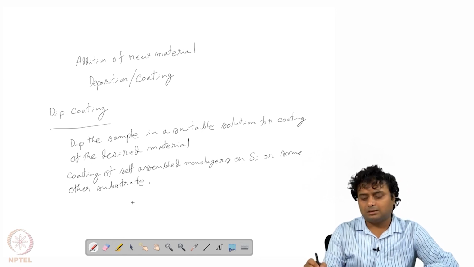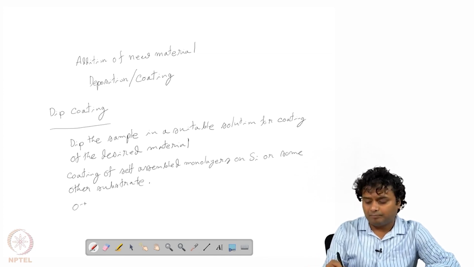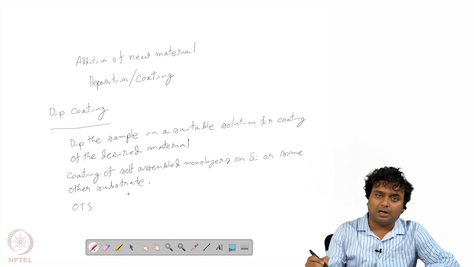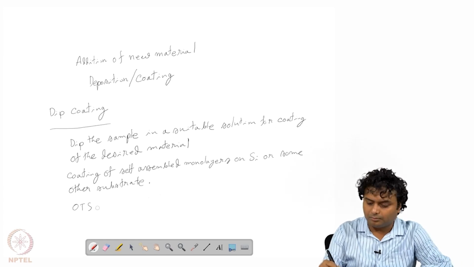One particular example is OTS, octadecyl trichlorosilane. It has 18 carbon atoms, and it usually gets coated on silicon very easily. OTS is coated using a toluene solution.